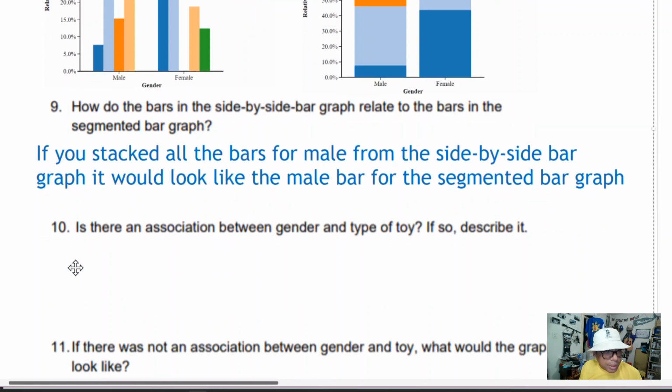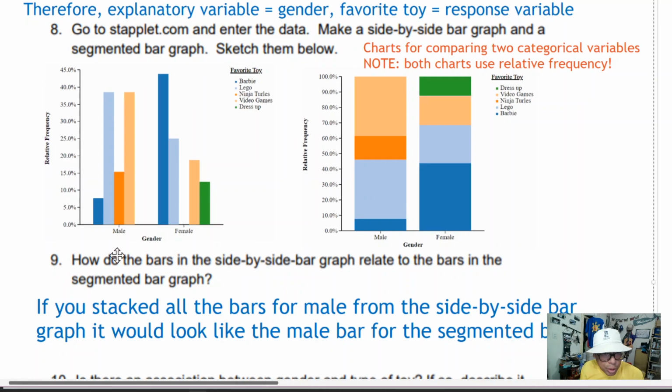Is there an association between gender and type of toy? Notice that it says association and not cause and effect. Well, I would argue that there is an association. You can tell there's an association because when you look at the two segmented bar graphs, they look completely different. Notice this dark blue at the bottom of the female chart is much bigger than the dark blue at the bottom of the male chart.